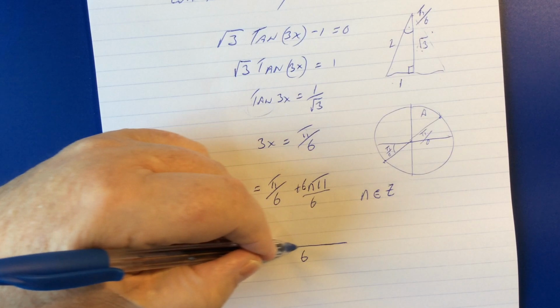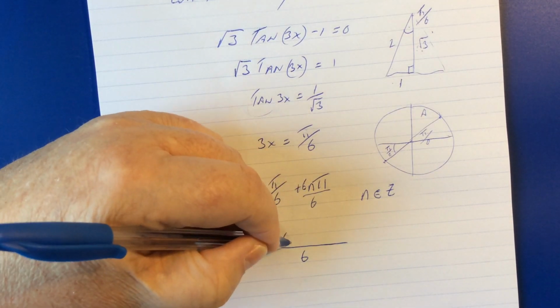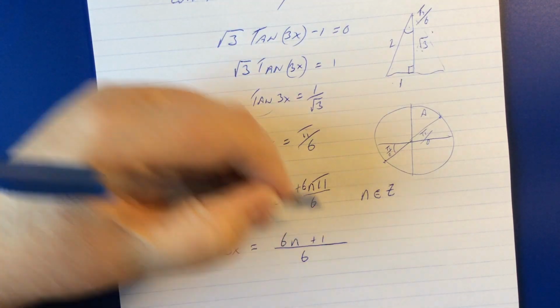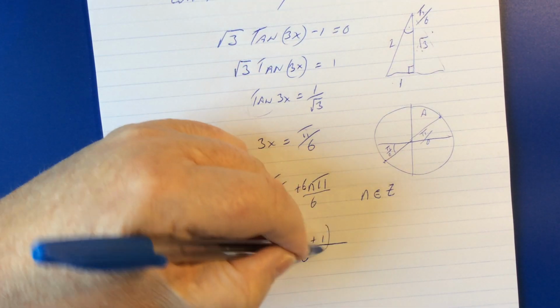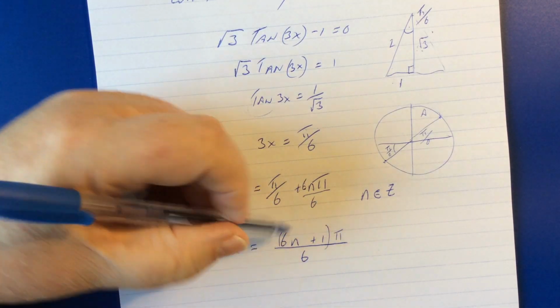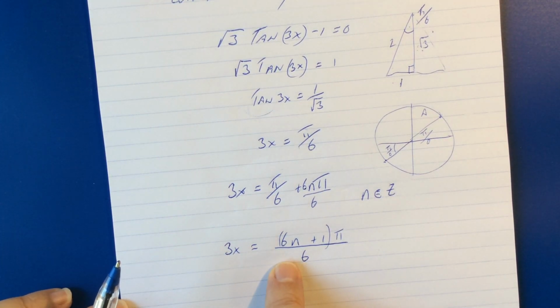You'll see why I need that in a moment. Slight rearrangement of this, 6n plus 1 pi, remember we've got 1 pi here, over 6. 3x is equal to 6n plus 1 pi all over 6.